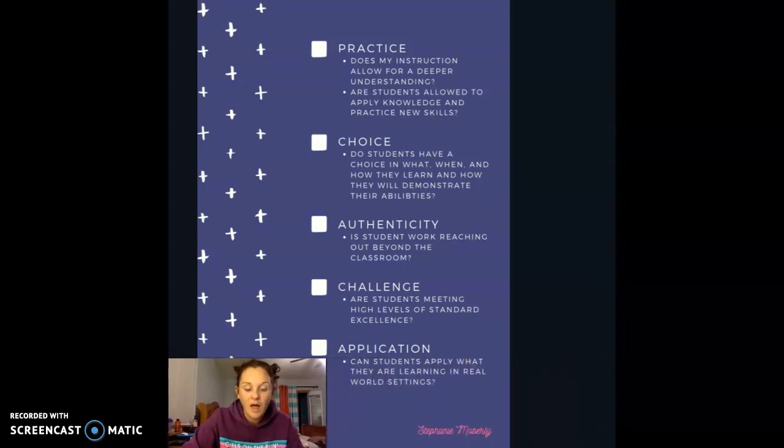And then lastly, we have application. Can students apply what they're learning in real world settings? This is an issue that I had with Common Core. I've had a lot of conversations with parents, especially, of, oh, they hate Common Core because of how problems are presented. And I think the idea behind it is to reach this application setting where we're getting them thinking in real world situations.